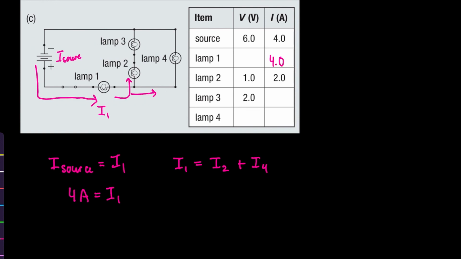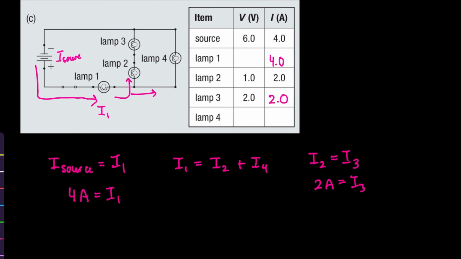Notice here I didn't put I2 plus I3 because notice that lamp 2 and lamp 3 are connected in series, so the current in that branch should be the same. So right away, because lamp 2 and lamp 3 are connected in series, the currents should be the same. So if we look at our table, I2 was 2, I3 we don't have, but it's actually equal to one another, so we can do this part first.